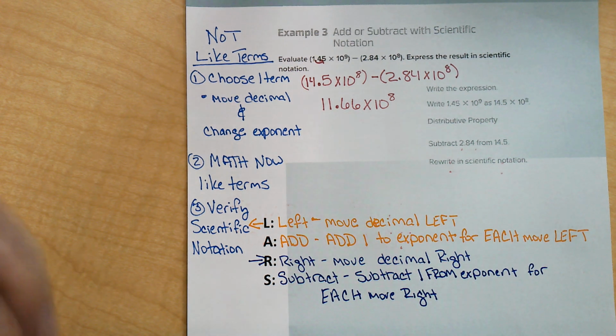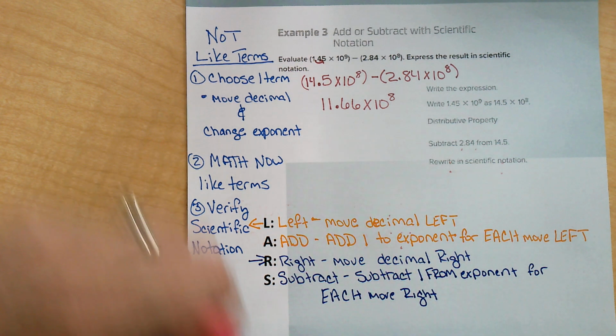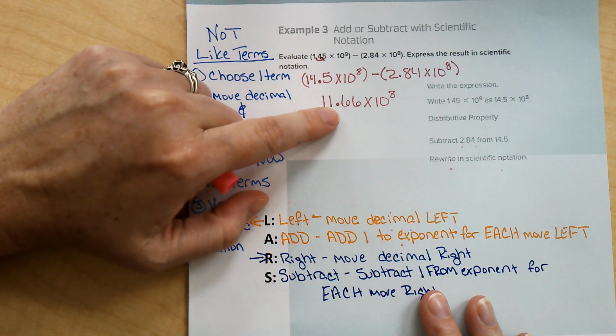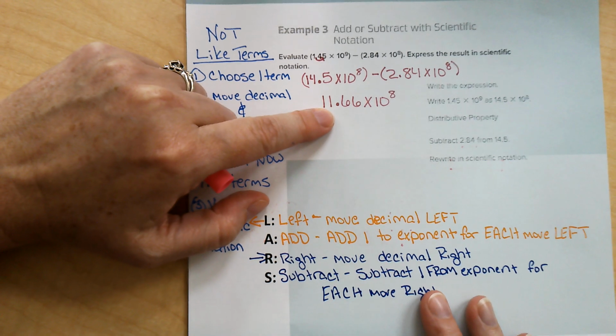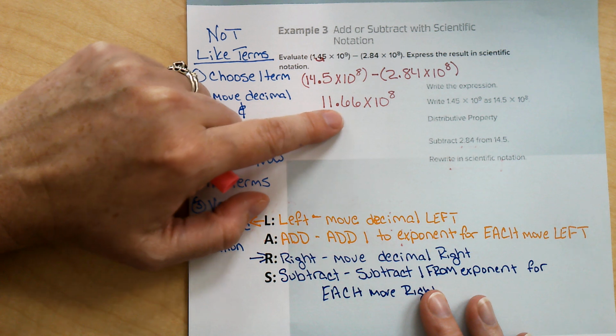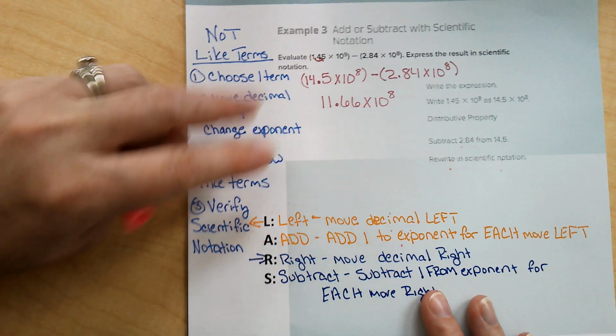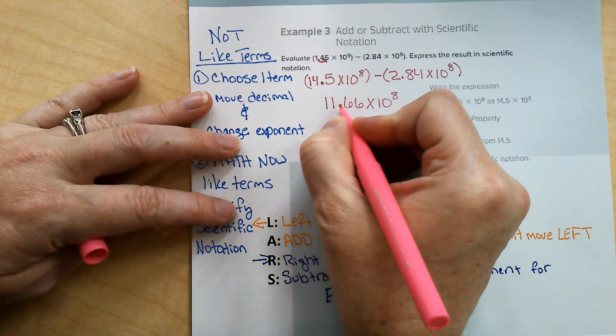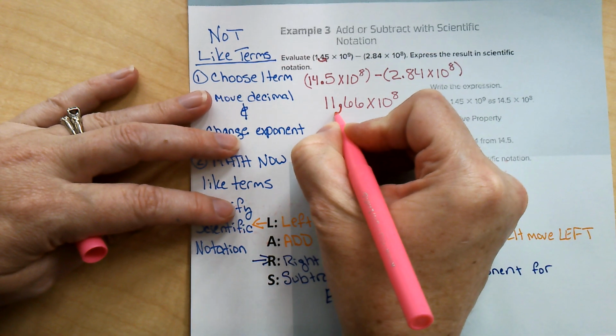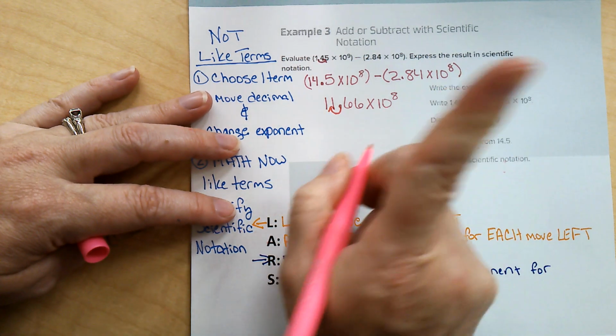Now to be in scientific notation, you can only have 1 digit in front of the decimal. 11. I have 2 digits in front of the decimal. That is not scientific notation. So what I have to do is move my decimal till I only have 1 digit in front of it.